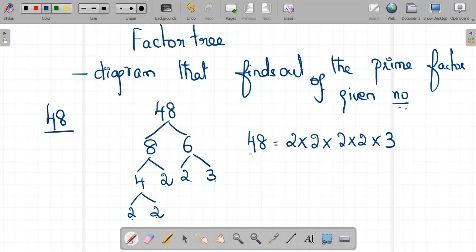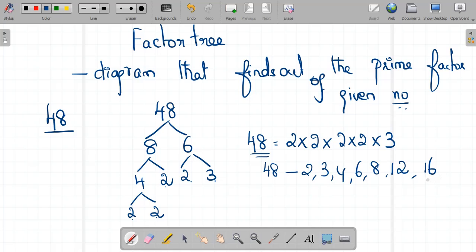So what I have done is taken a given number and written it in terms of its prime factors. But if I write all the factors of 48, I will be writing 2, 3, 4, 6, 8. We have not gone beyond that, but we can actually have 12, right? 6 times 2 is 12. Then 8 times 2 is 16. So even that is a factor, and so on, correct?